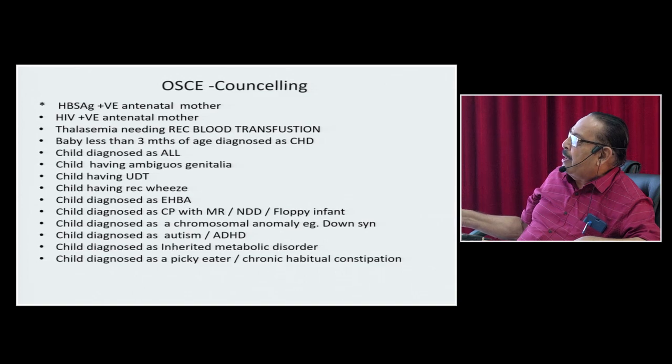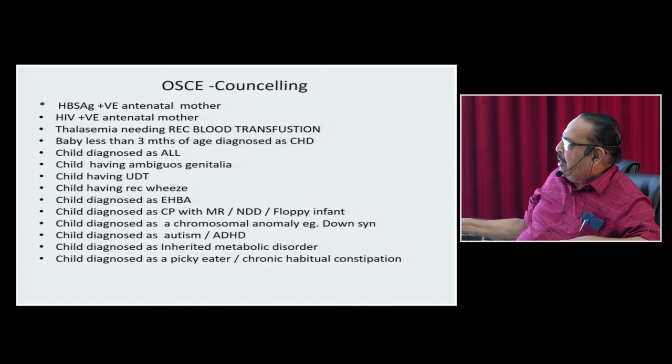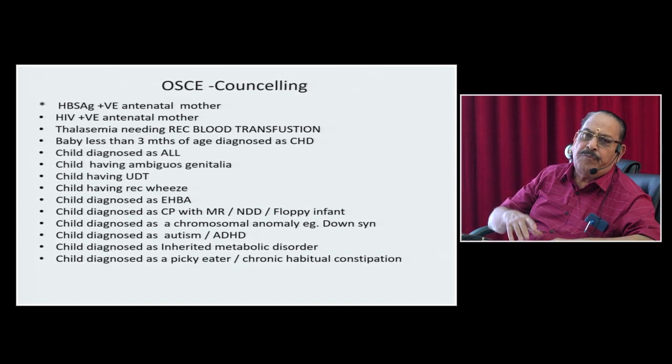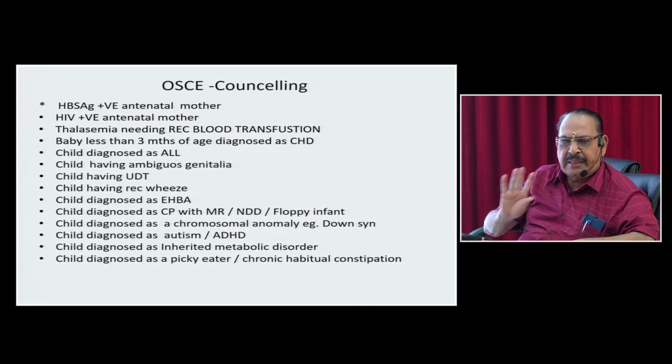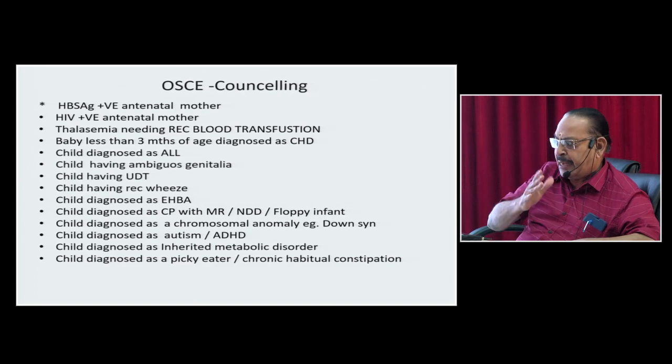HIV, thalassemia, baby less than 3 months of age diagnosed with congenital heart disease, ALL, ambiguous genitalia, then undescended testes, recurrent UTIs, extrahepatic biliary atresia or neonatal jaundice, of course CP with MR, neurodevelopmental delay, floppy infants, and of course chromosomal anomalies, Down syndrome, ADHD, autism, inherited metabolic disorders, and picky eater, chronic habitual constipation, so many things. So if you are able to prepare accordingly, I think you may be at it.